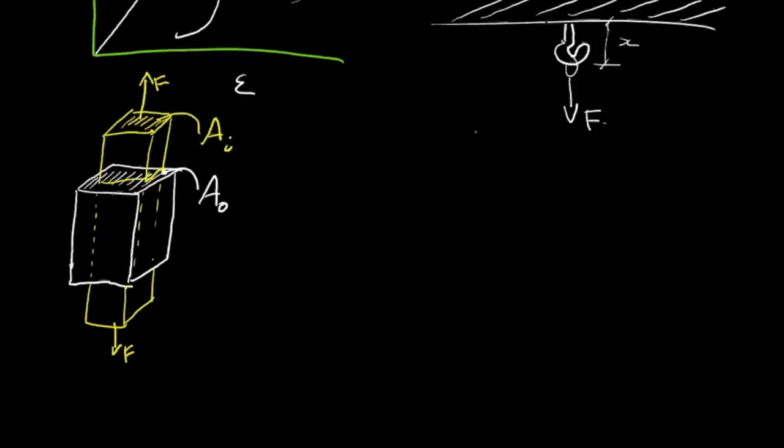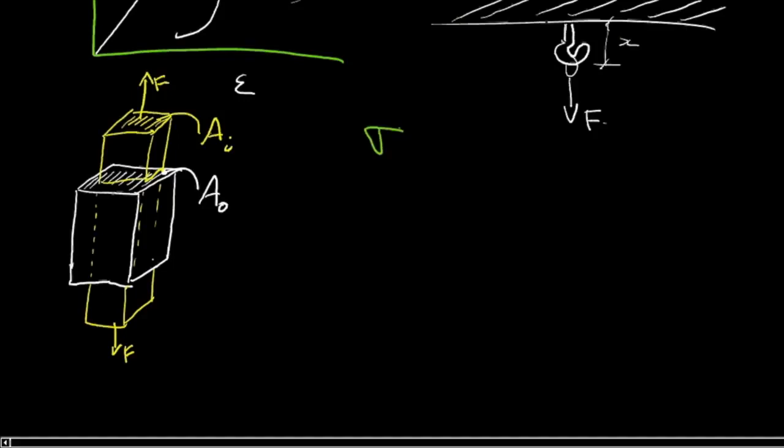So this material itself is actually experiencing a force over a smaller area. We can define the true stress as the force over that actual cross-sectional area. This is the stress that the material itself is actually feeling.